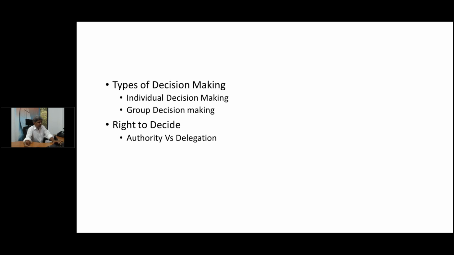Then we have two types of decision making: one is individual decision making, and the other is group decision making. We will see the similarities and the differences between these two. And then we will see two types, authority versus delegation, and what needs to be done in order to make a proper decision.